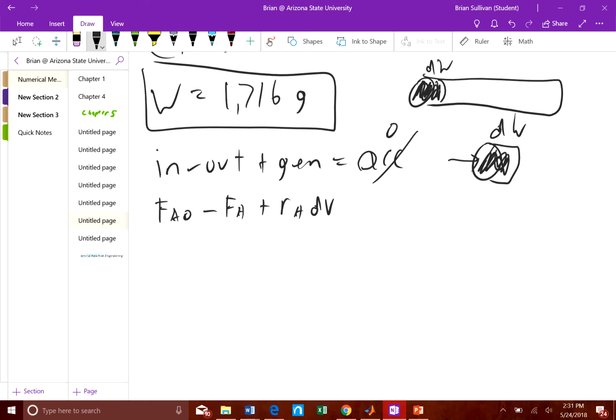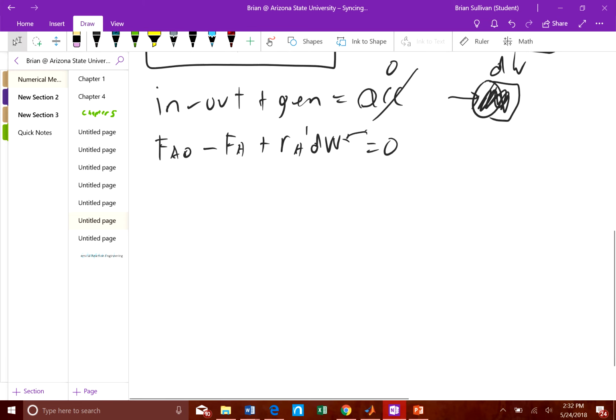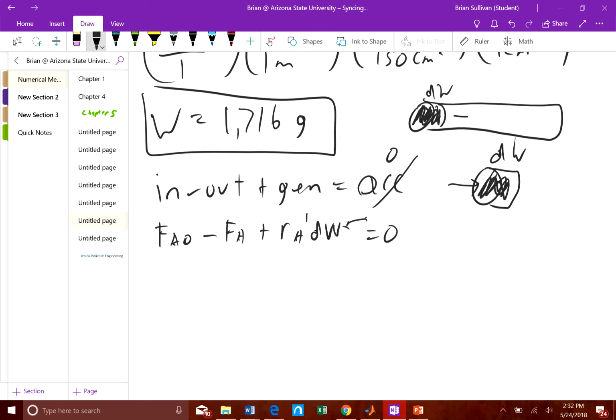We're using that because when we do our generation term, we'll be dealing with this little differential. That's where our analysis begins. We're not going to put volume like we do in a lot of other problems, or in a sense, total weight. We've got to integrate down the reactor in this direction to develop the equations necessary.